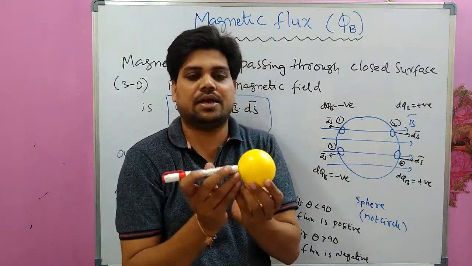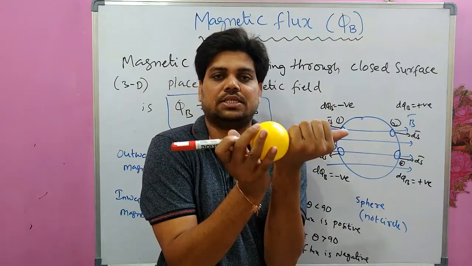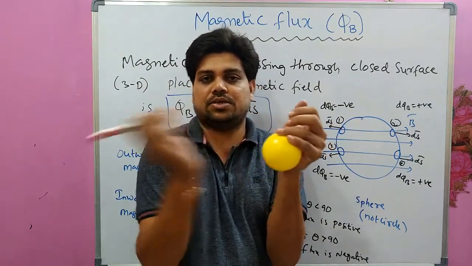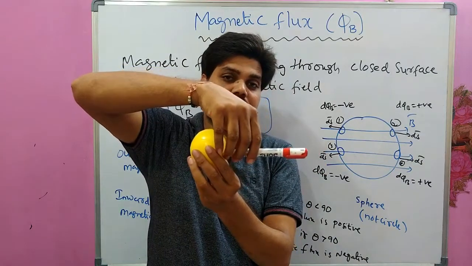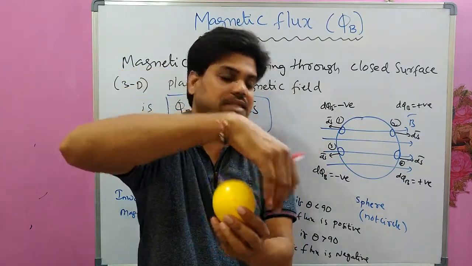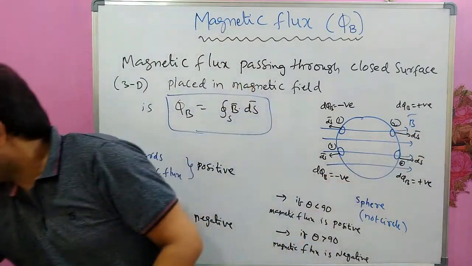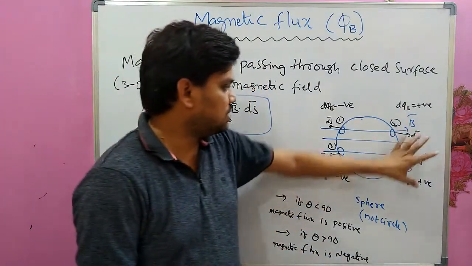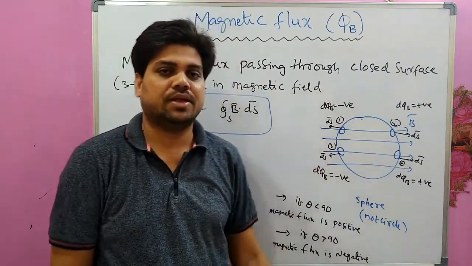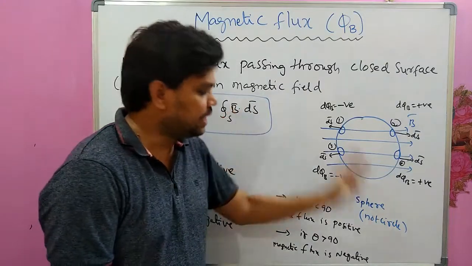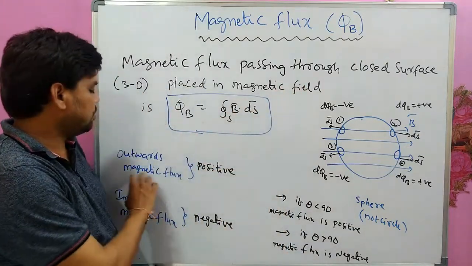On this side, the area vector is along the magnetic field direction, so this is the reason theta is less than 90 for this case. Right? So magnetic flux is positive if magnetic field lines are leaving the surface, and negative if magnetic field lines are entering the surface. So inward flux negative, outward flux positive.